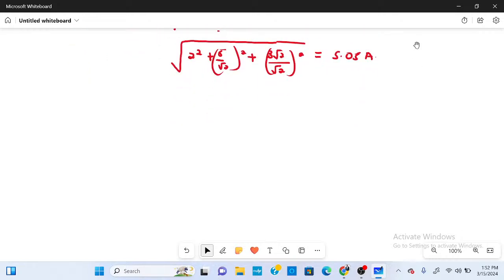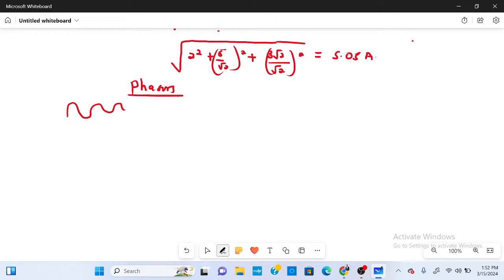Now let's go to a nice concept in AC which we call phasors. What is a phasor? Because sinusoidal waves are graphical in nature, we need something to represent them when we want to draw and analyze AC circuits.